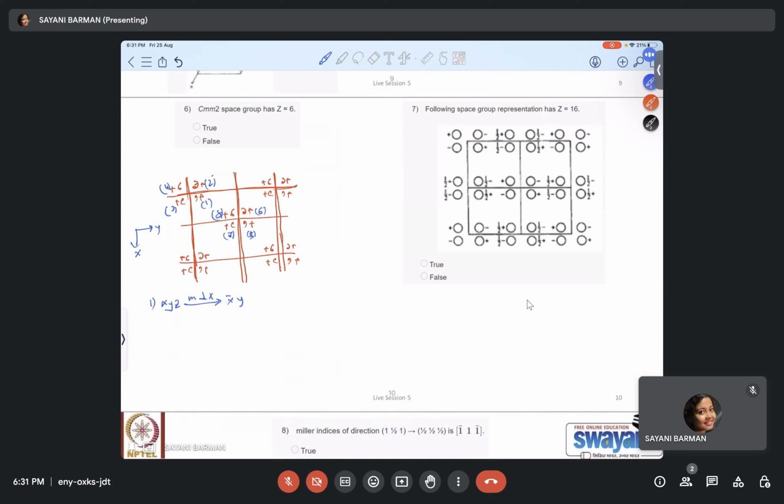This is X bar, Y, Z. Then M perpendicular to Y: X, Y bar, Z. And a twofold rotation along the Z axis. So it would be X bar, Y bar, Z.